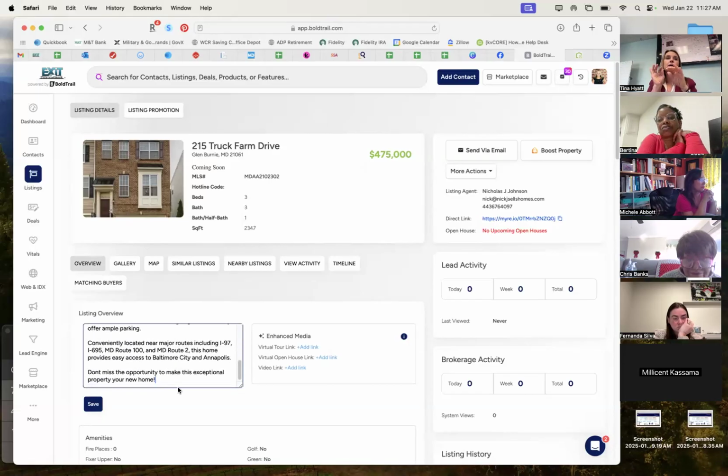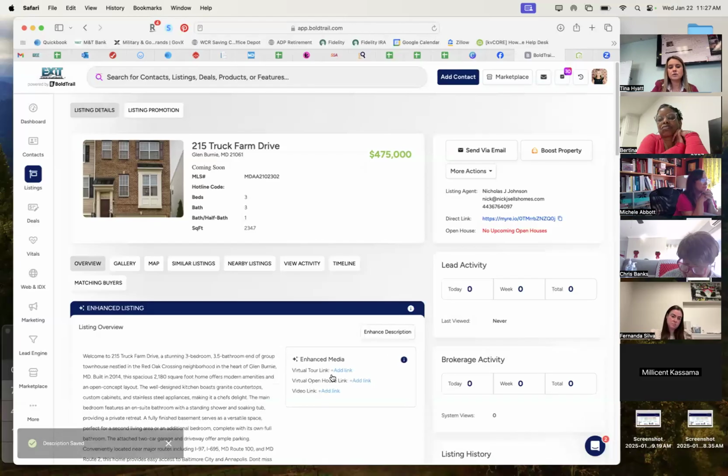Or if I want to say buyer agents welcome, buyer agents protected, buyer agents respect, whatever you want to say, right? Or you could put in there, seller offering 2.5% buyer agent compensation. If it's in your listing agreement, you just can't put it in Bright. Yep, but you can put it on your own website. So this is where you would do that under the enhanced description option.